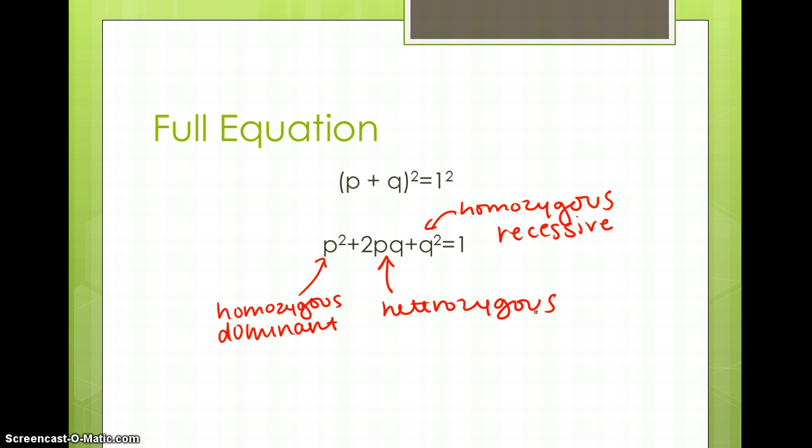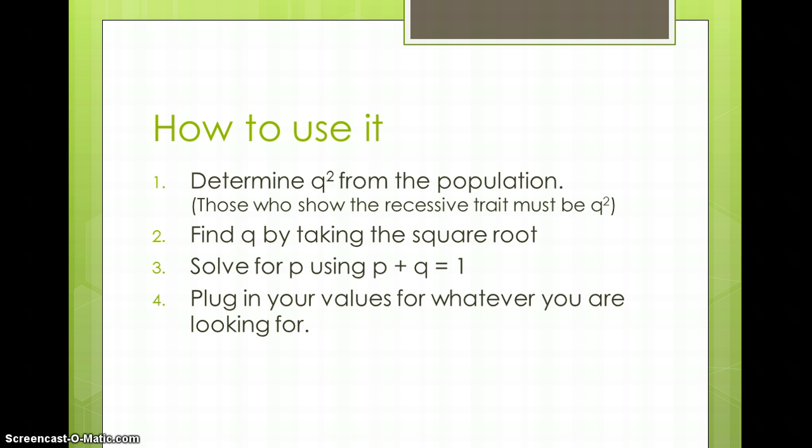Okay? So if we take a look, how are we going to go about solving this problem? First, when we look at a population, the only one that we can actually determine is Q squared, because anyone who shows the recessive trait must be QQ or have two recessive alleles. Then, once we know Q squared, we can solve for Q by taking the square root.